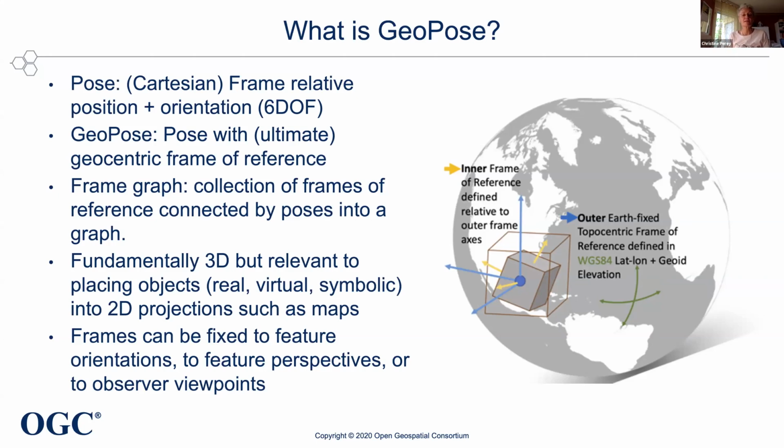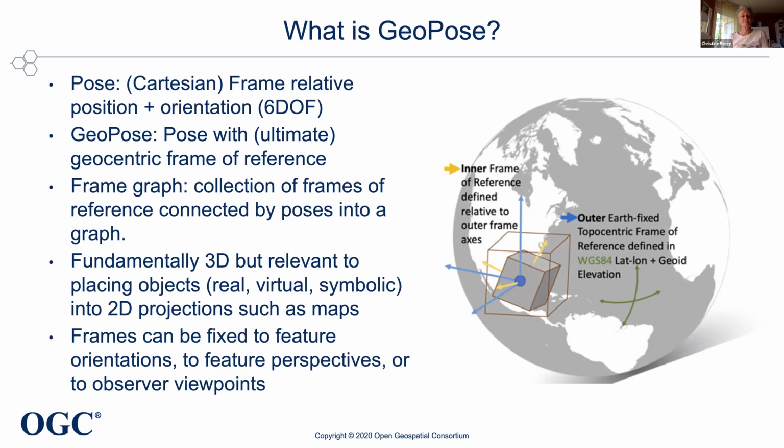We include some concepts around time and sequences of frames. And it's quite a rich conceptual model. But again, as I come back to the core, this really is about placing objects, whether they're real, virtual, or symbols, into projections that are oriented at 6 degrees of freedom for accuracy and richness.